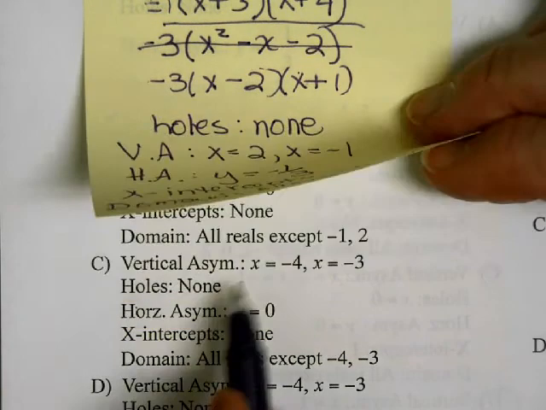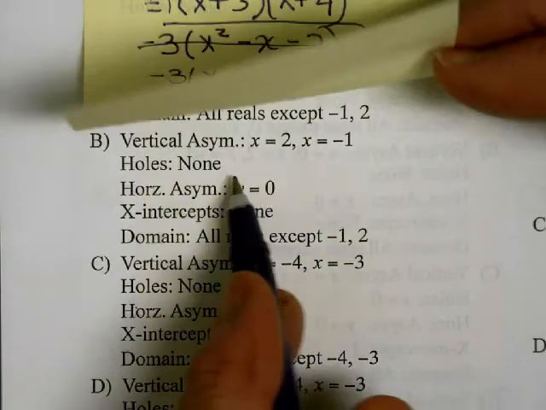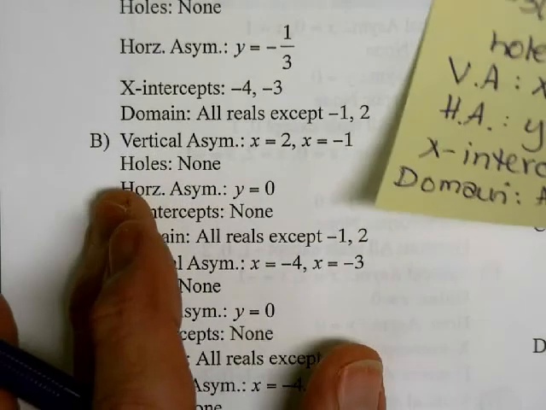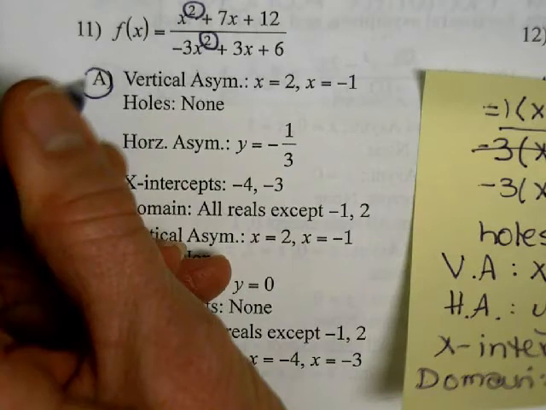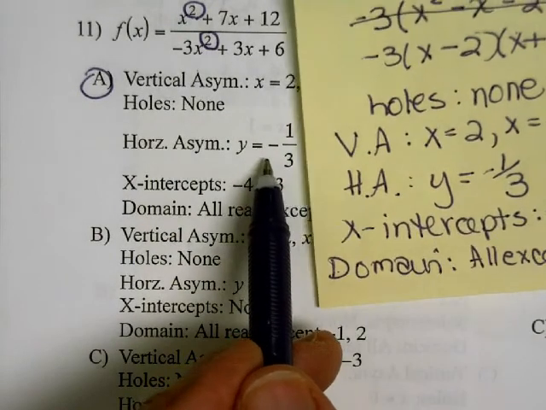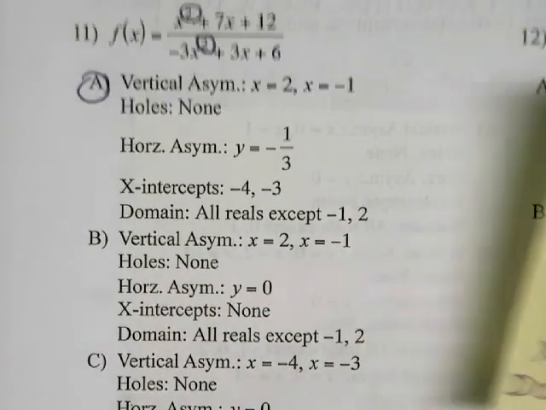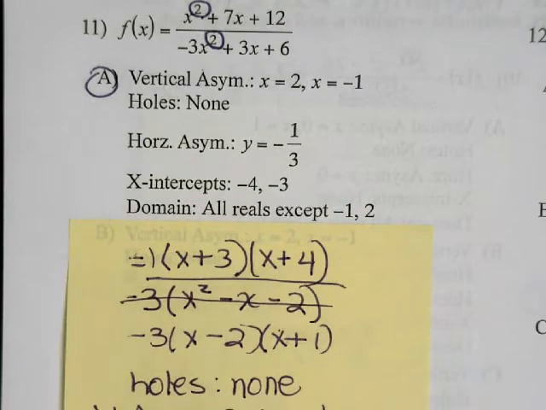D is wrong because the vertical asymptotes don't come from the numerator. I'm just working myself back up. C. Nope. B. Nope. I found one. Thank heavens. I was getting nervous. A. A it is. Everything matches. And it happened to be the only one with that horizontal asymptote. So that helped you know you were spot on.